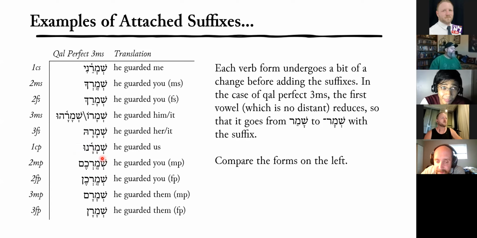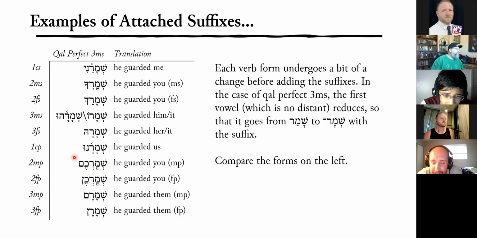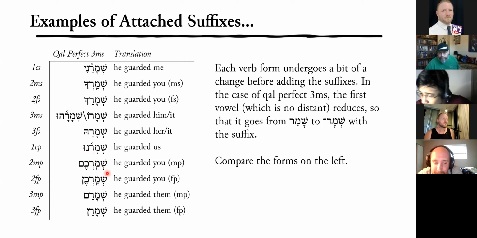Okay, the next, second masculine plural, Jonathan. Shmarchem. It's a so-called heavy ending, so the accent isn't going to shift for this one. The first vowel reduces to sheva as usual because the suffix is added. So it's a Qal perfect third masculine singular plus the second masculine plural suffix.